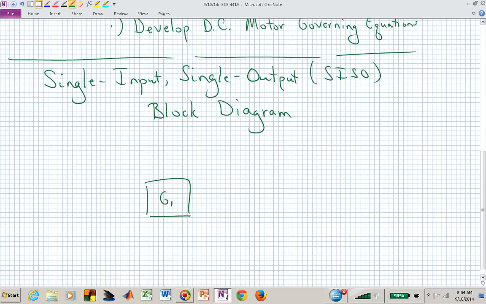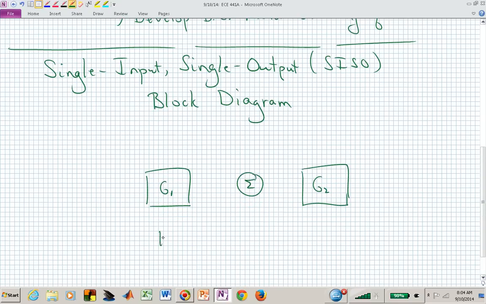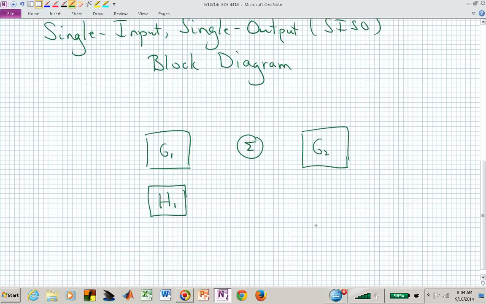It might be a system or a subsystem. Let's say we have another subsystem, G sub 2, and these are functions of S. I'm suppressing that, it looks like, in my sketch. And now we have these interconnected with some other blocks. Let's say we have an H sub 1 and an H sub 2. The output from G sub 2 will be our system's output.